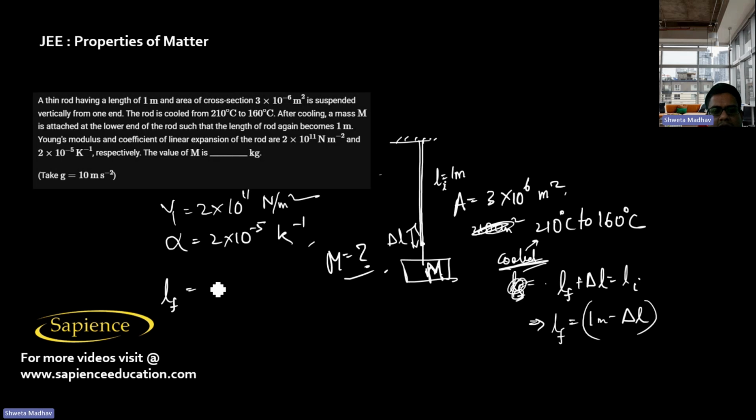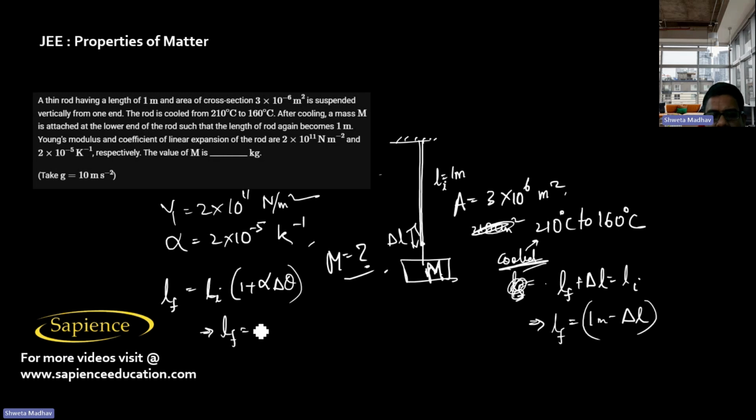Now the final length is equal to initial length into 1 plus alpha delta theta, where delta theta is the change in the temperature.